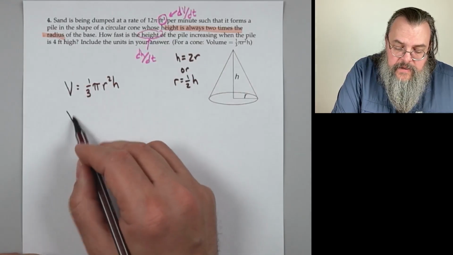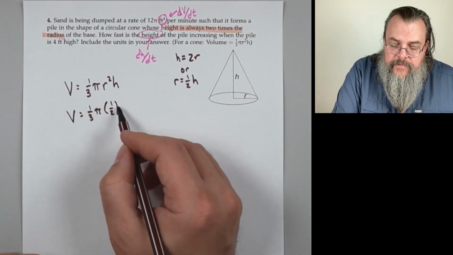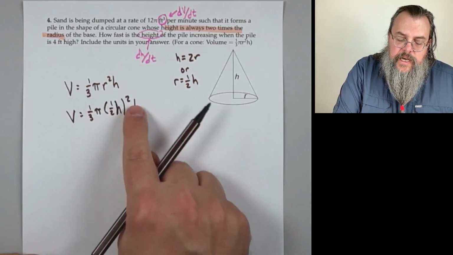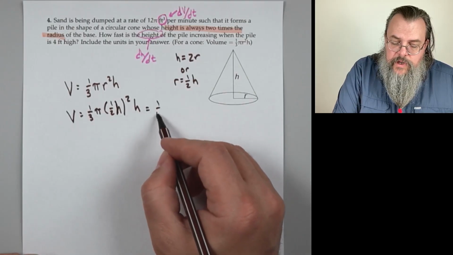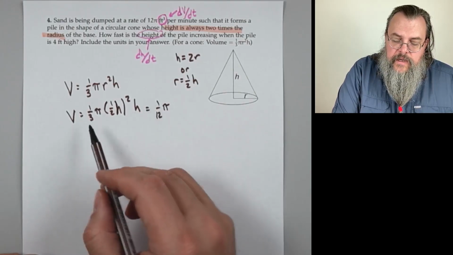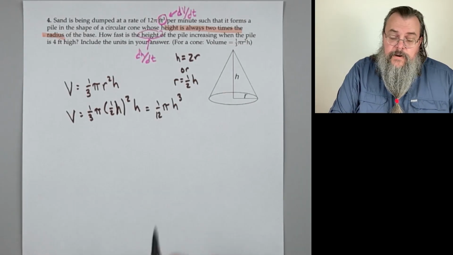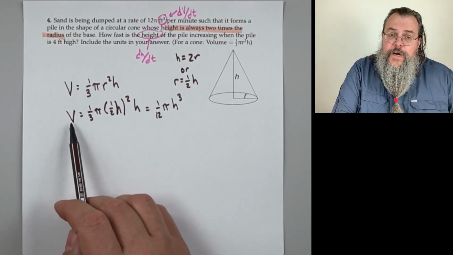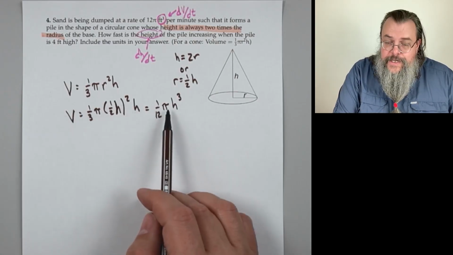So updating, volume is 1/3 pi times 1/2 h squared times h. A half squared would be a fourth, times a third gives us 1/12 pi h cubed. All right, so we're now ready. We have our variables that we're interested in, V and h, and they are related.